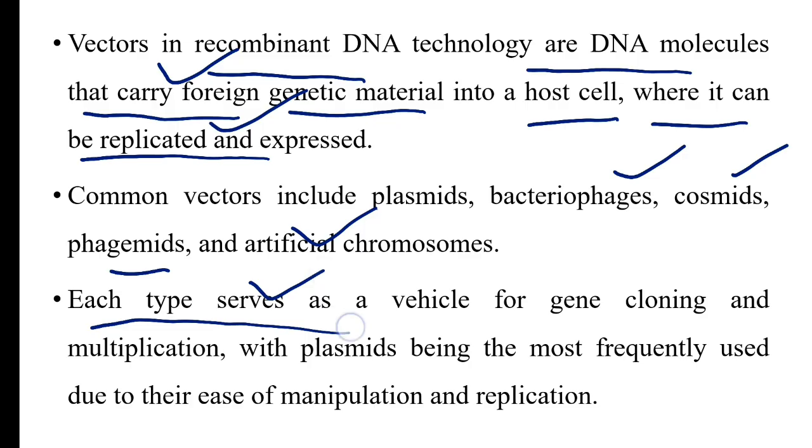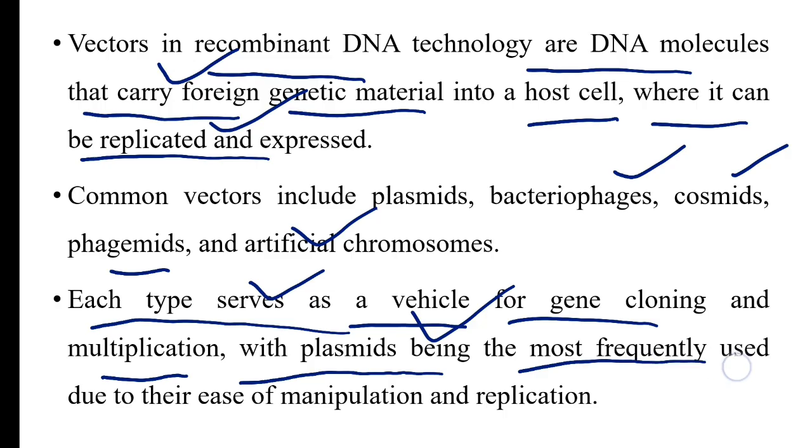Each type serves as a vehicle for gene cloning and multiplication, with plasmids being the most frequently used due to their ease of manipulation and replication. But there are different types of vectors which we will discuss in our video.